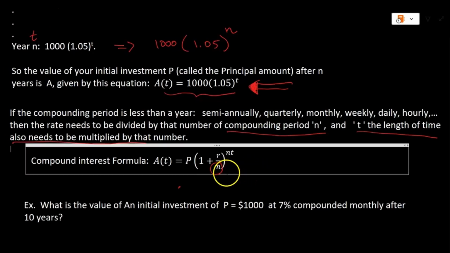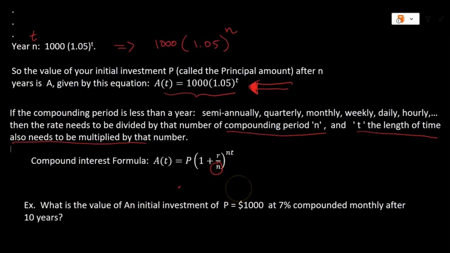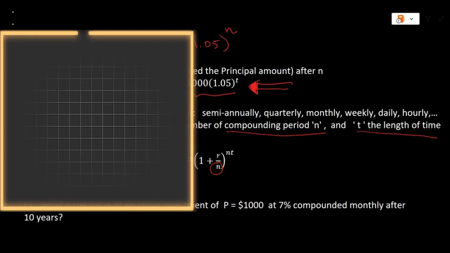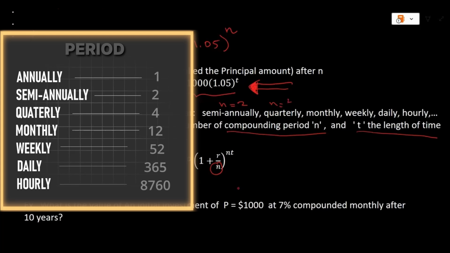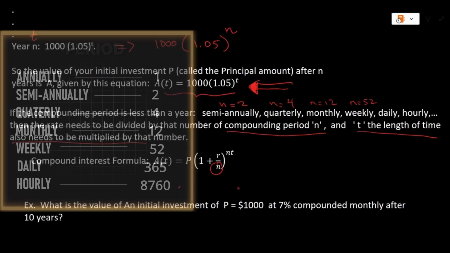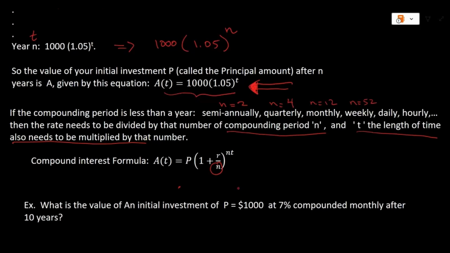In this case, for example, if it's compounding annually, that means once a year, so n will be 1. Semi-annually, n is 2. Quarterly, every 3 months, n is 4. Monthly, n is 12. Weekly, n is 52, and 365 for daily, and hourly, of course, you have to work out the hourly number. That's what you would do for this formula. You plug it in and you will get it.